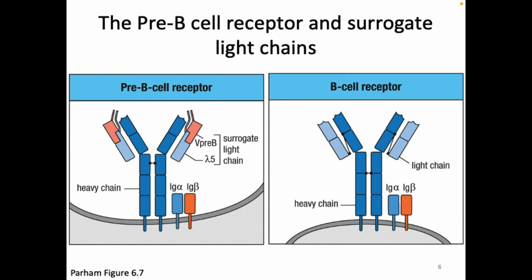However, developing B cells make this other protein called surrogate light chain that can be paired with the heavy chain and allow it to fold, allow it to be like a B cell receptor, even though the light chain is not yet made. The surrogate light chain is made up of two different proteins. Their names are V3B and lambda 5. I have no idea why they were named that.